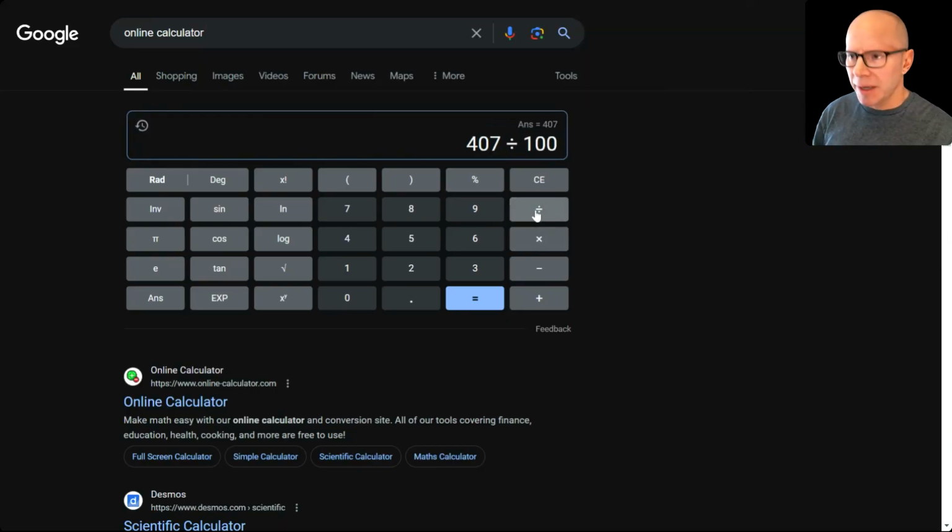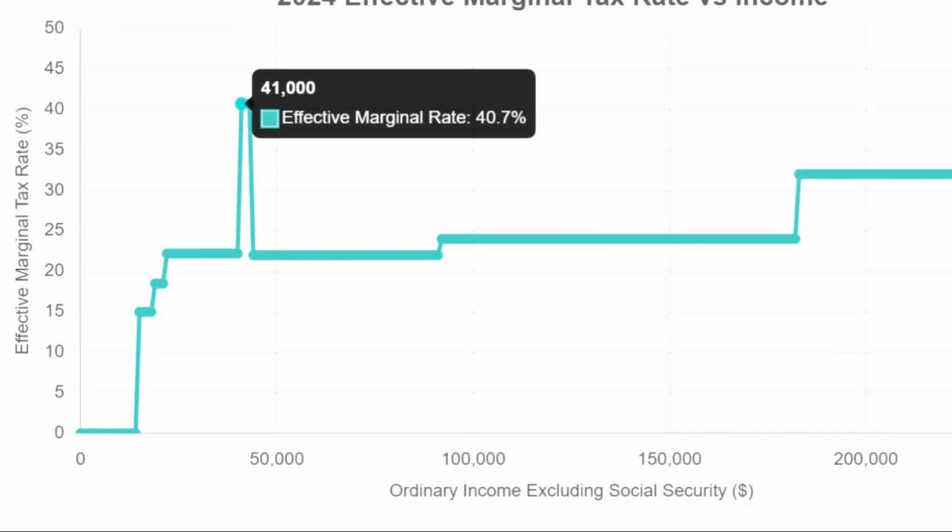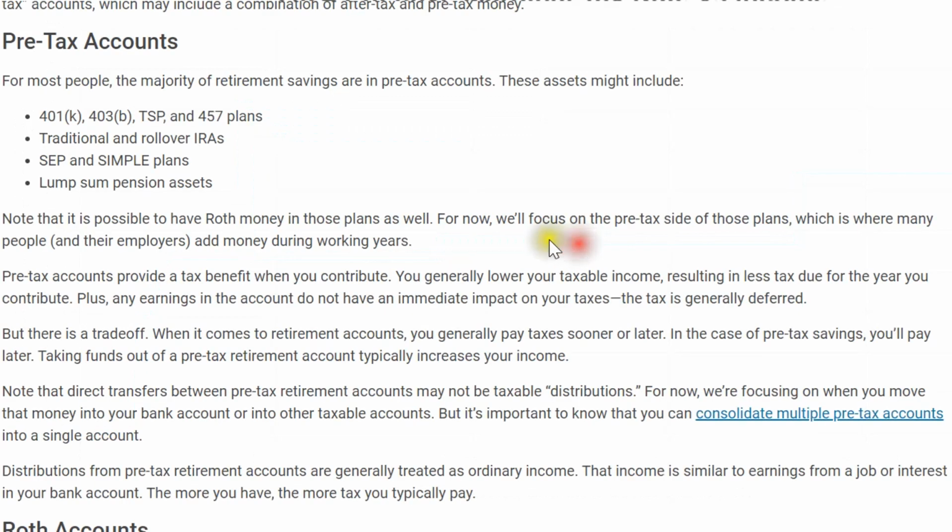We divide that by $1,000 of income to reach 0.407, which when we convert it to a percentage is 40.7%. We come back over here looking in the Social Security tax torpedo zone. And again, it says that if you did have 41,000 and you added a thousand or two, you would then be in the 40.7% effective marginal rate.